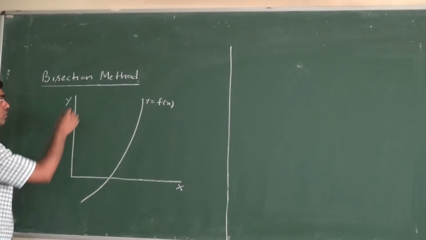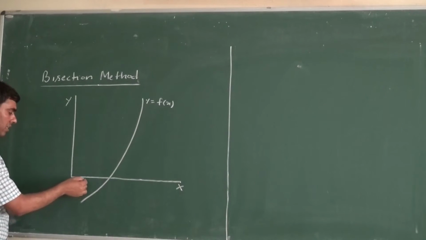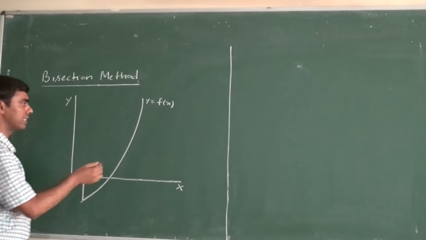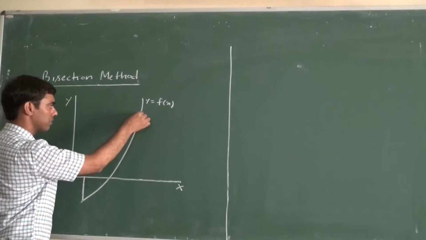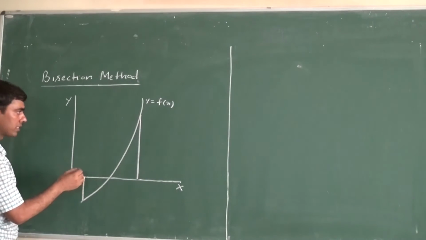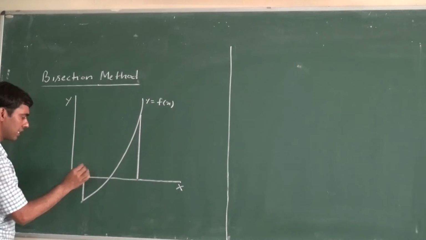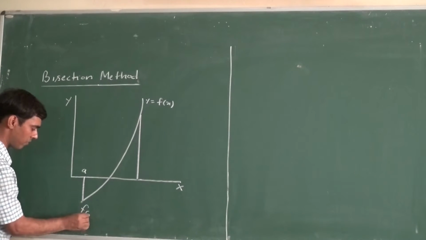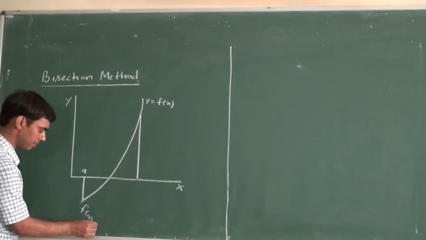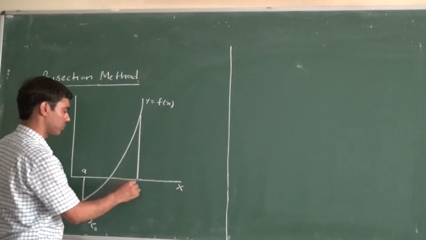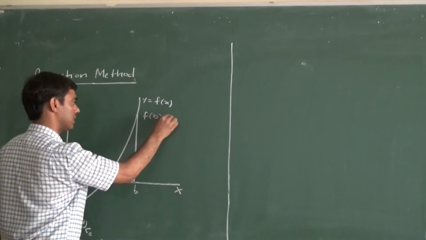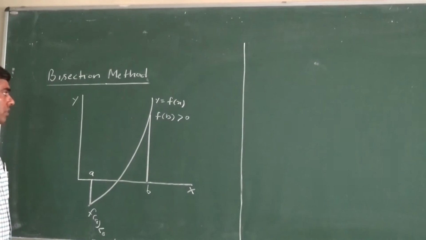As we know, this is a bracketing method. So first of all we find a bracket, meaning one point where the value of the function is positive and another point where the value of the function is negative. Suppose this point is a, with f(a) less than 0, and this is b, where f(b) is greater than 0.